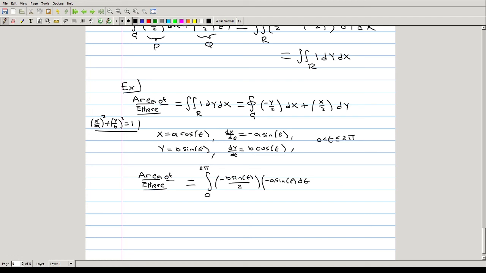And we also have the dy term, so I'm going to bring the dt out to the outside of this sum, and plus x over 2, which is a cosine of t over 2 dy, which is b cosine of t dt.